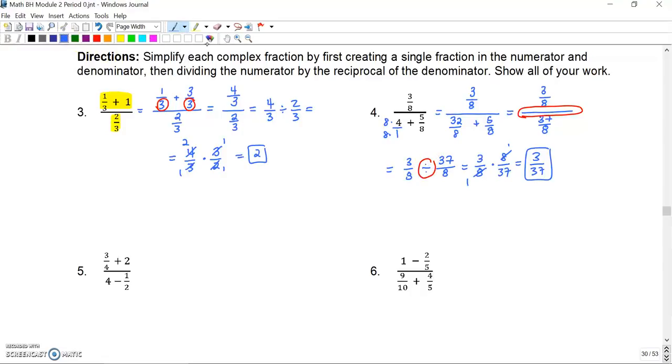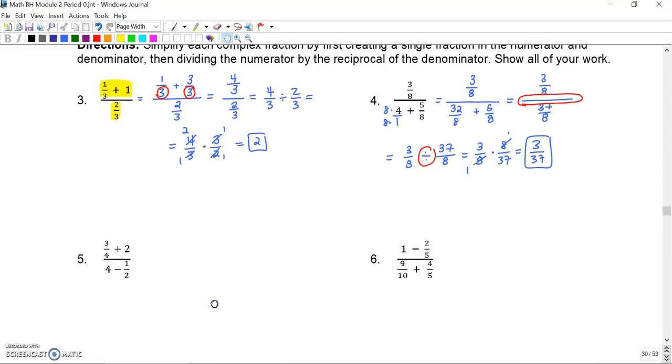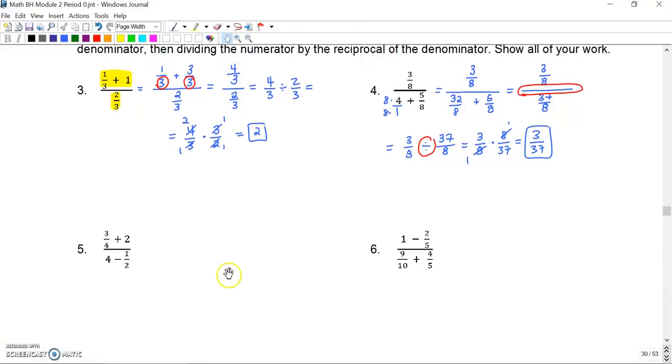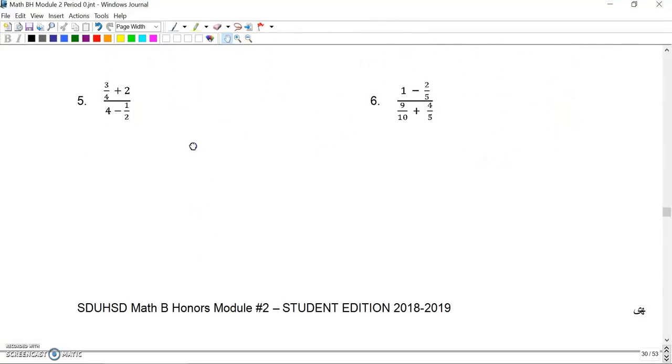Okay. Let's look at 2 more. Feel free to pause this video if you need to look back at those or rewind it, but number 5. So for the numerator, my LCD is going to be 4, so I'll put this over 1. See if I can actually do this one without an error.